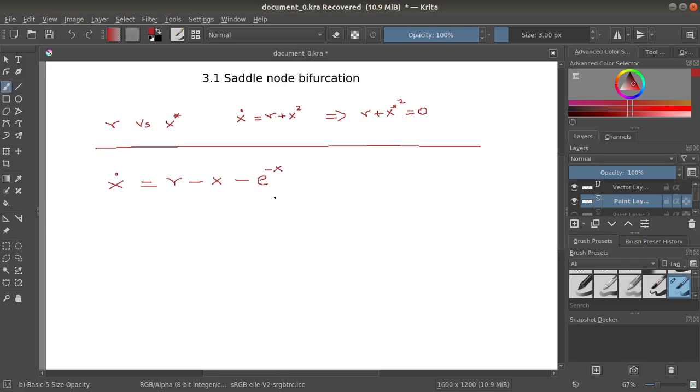Okay, so this is the system, and this r is going to be the control parameter. And now by changing the control parameter, is there any bifurcation? In particular, is there any saddle node bifurcation? That's what we are going to discuss.